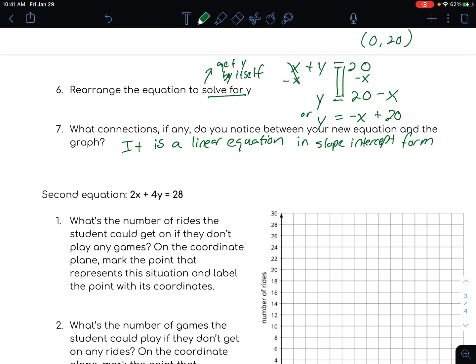In other words, y equals mx plus b form, with a slope, which remember is the m of that. The slope is -1. Remember, this number in front of the x is the slope.